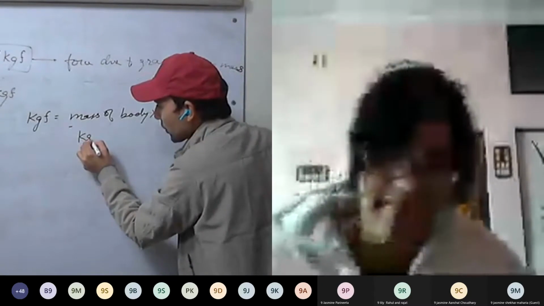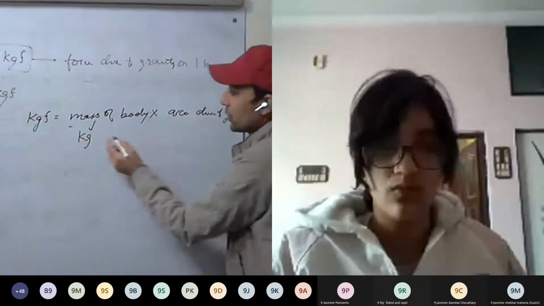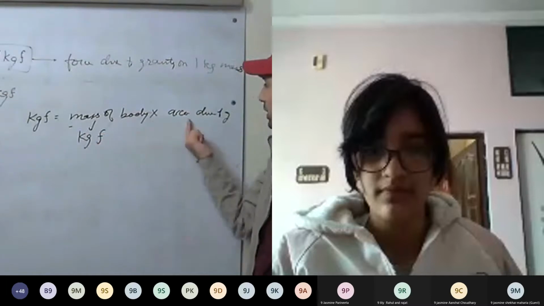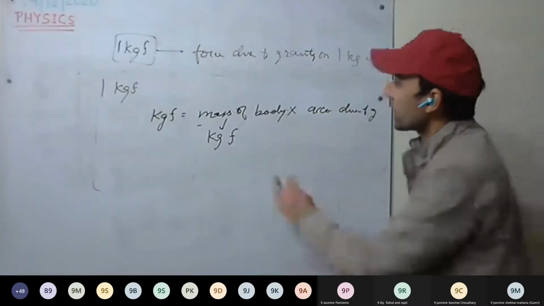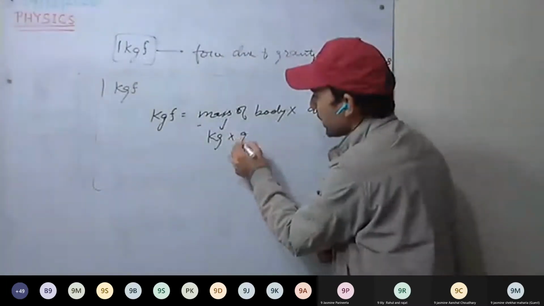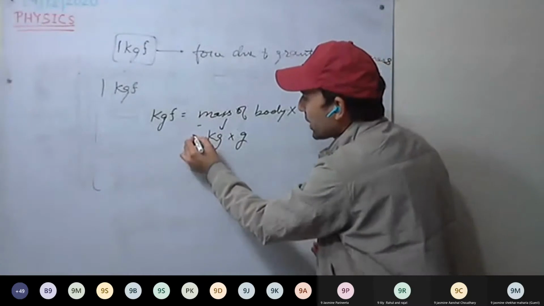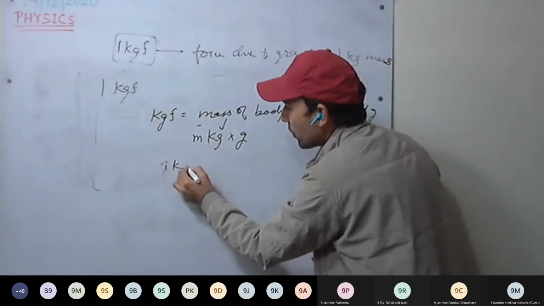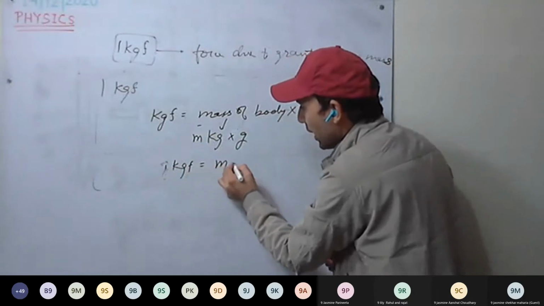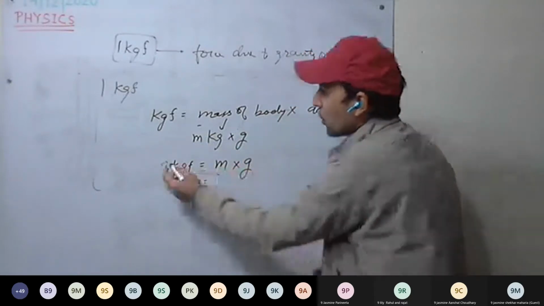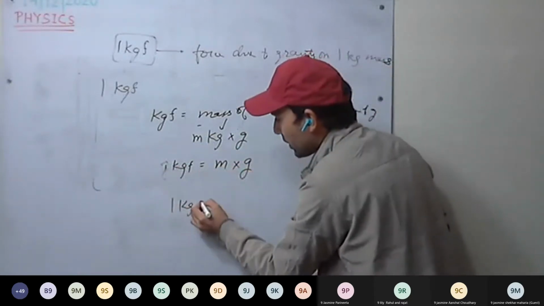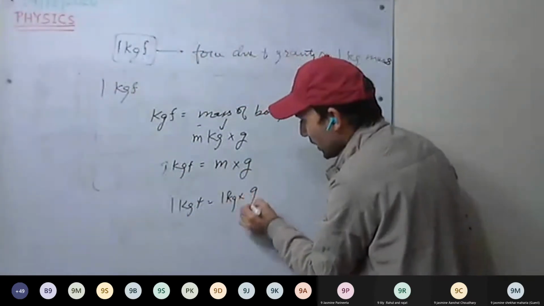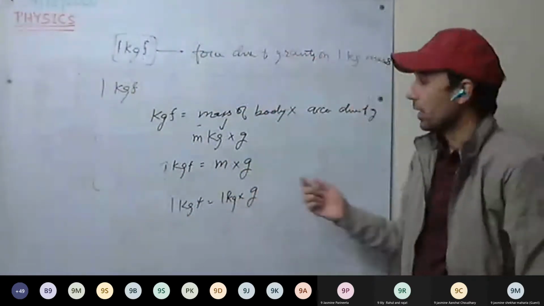The mass of the body is in kg and acceleration due to gravity we denote with g. So if mass is m kg, then kgf equals m into g. So 1 kgf will be 1 kg into g.